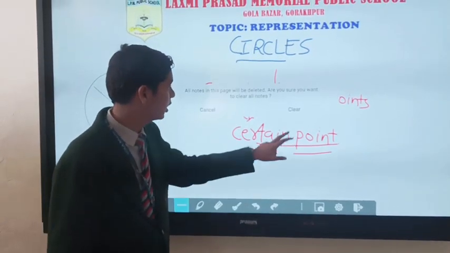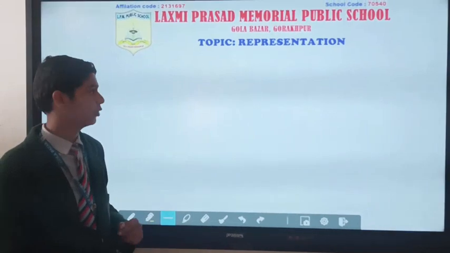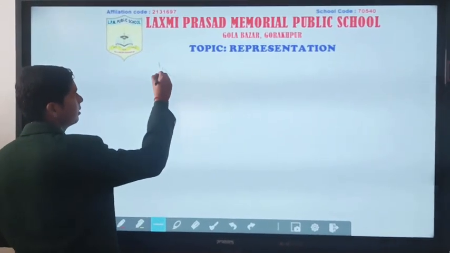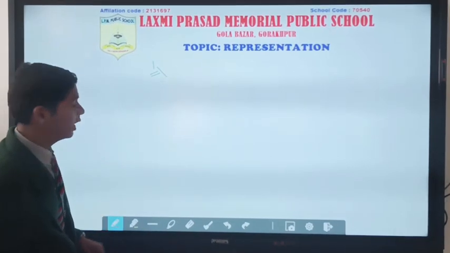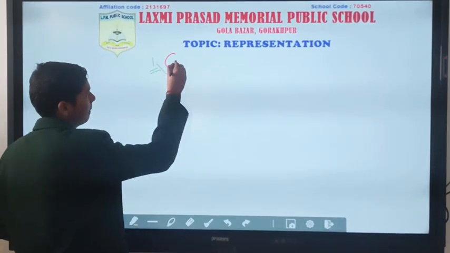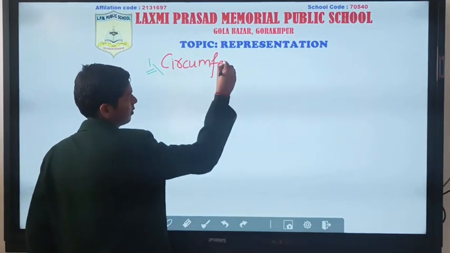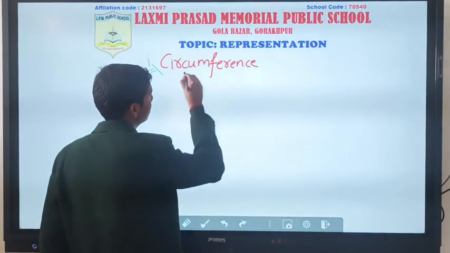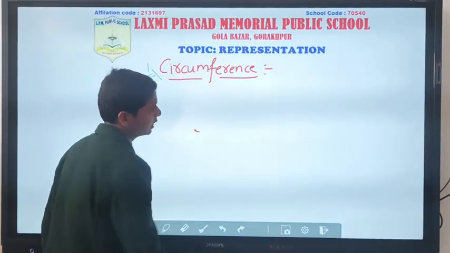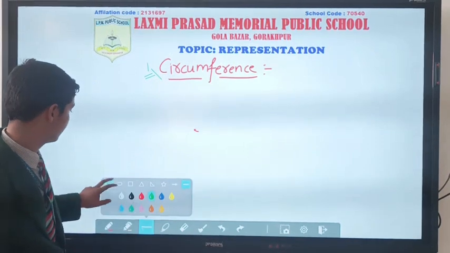Now let's move towards the basic terminology related to the circle. The first one is the circumference of the circle.